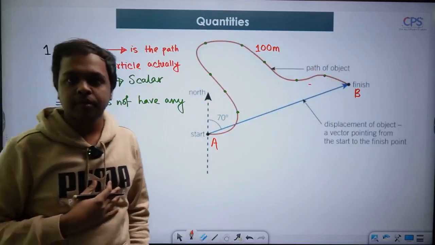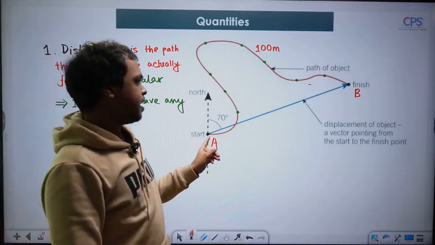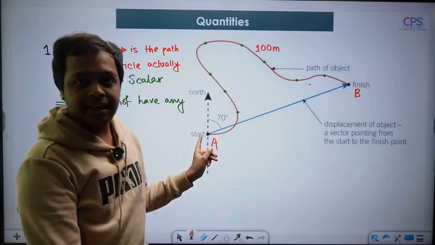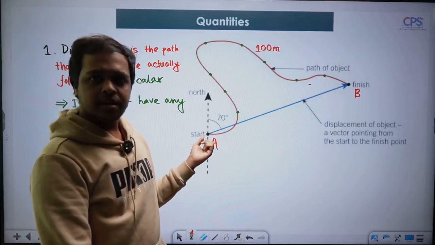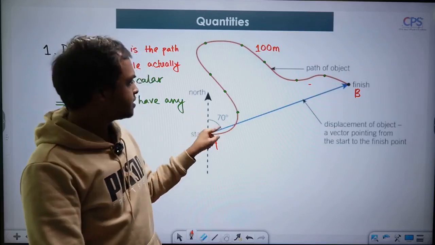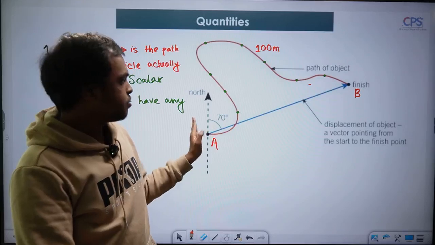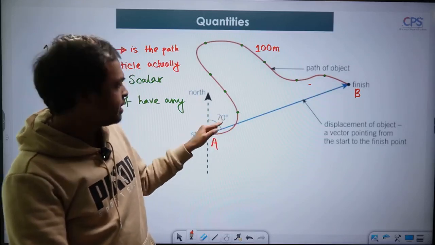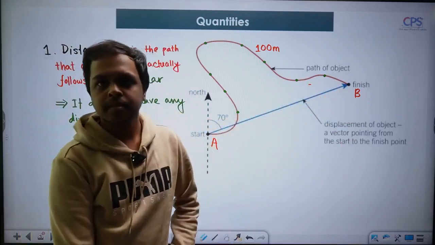But what if I say you are going from A to B, and that's correct. And what if I say in the map that you are going from the north, making an angle of 70 degrees to the right of north, to this finishing position.